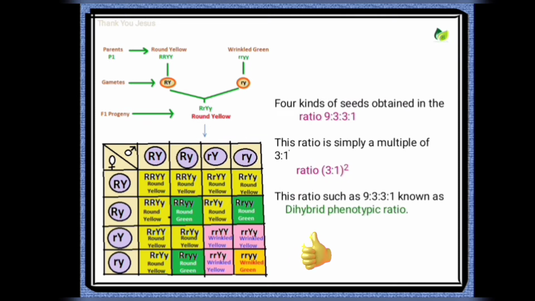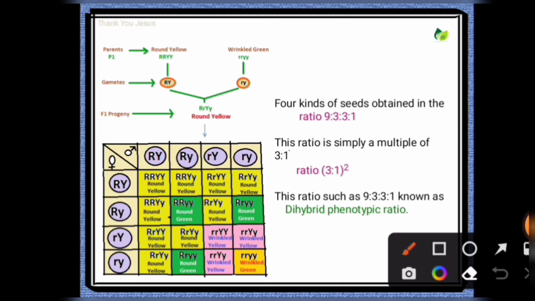So four kinds of seeds were obtained in the ratio of 9:3:3:1. This ratio is simply a multiple of 3:1. The ratio 9:3:3:1 is known as the dihybrid phenotypic ratio.